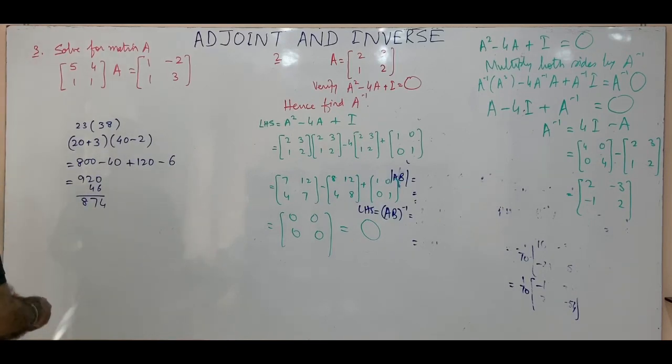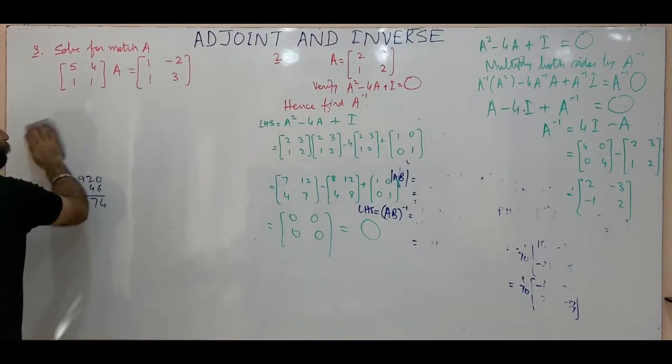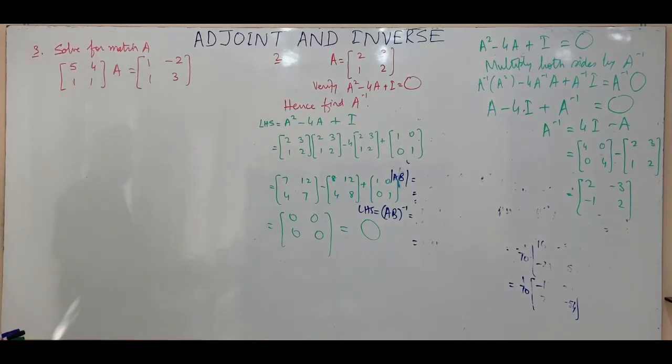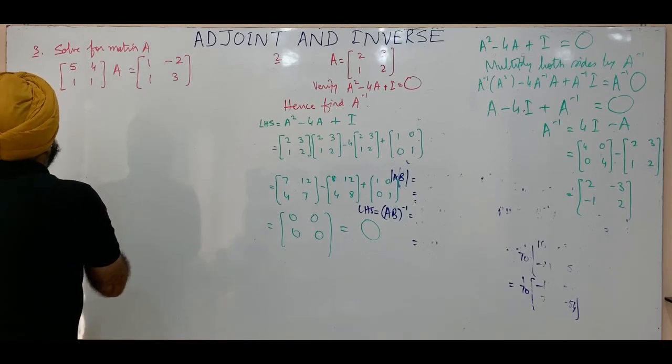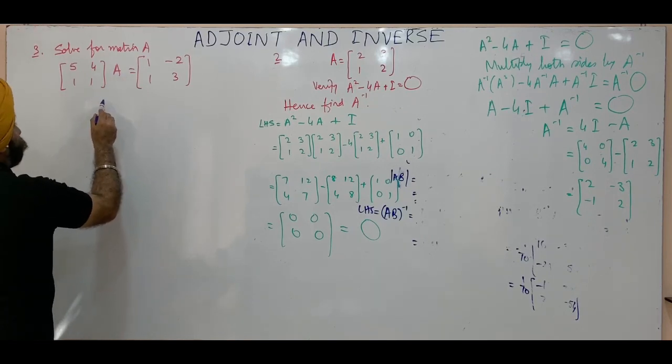Okay. Next we have a matrix equation. We are given a 2 by 2 order matrix into matrix A equal to right hand side, that is another 2 by 2 order matrix. So we can easily show that A is a 2 by 2 order matrix.